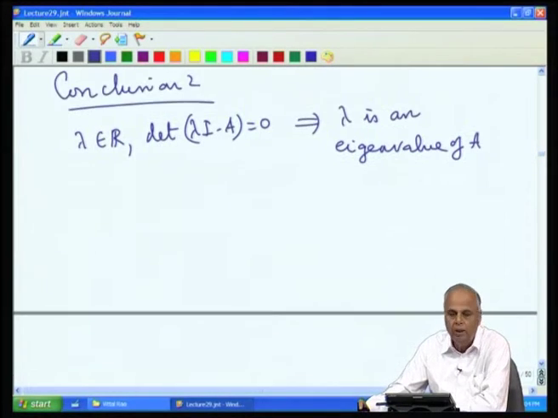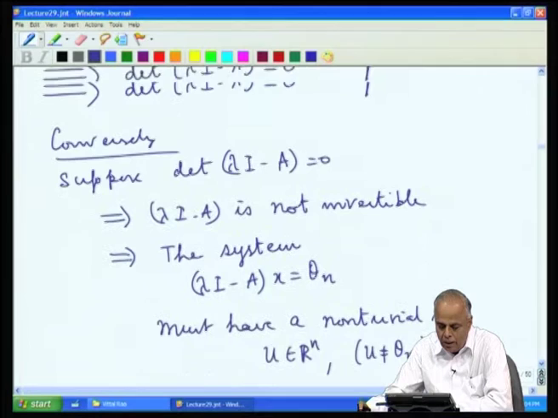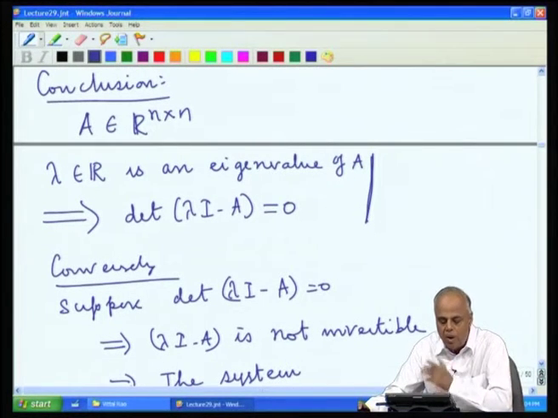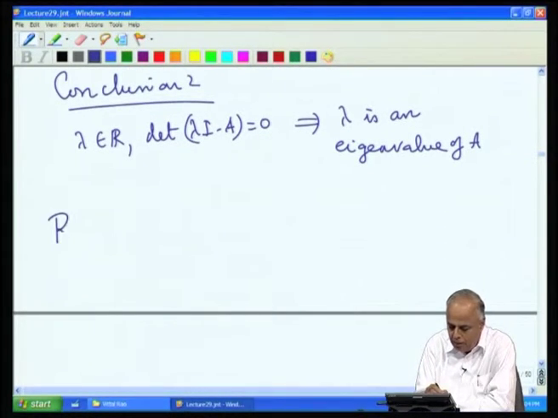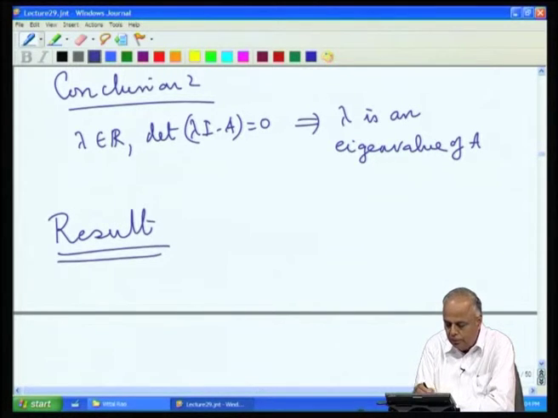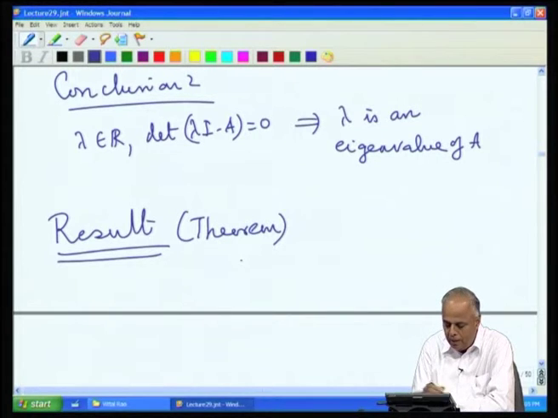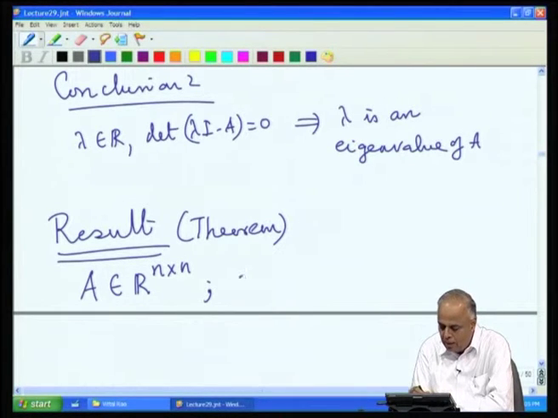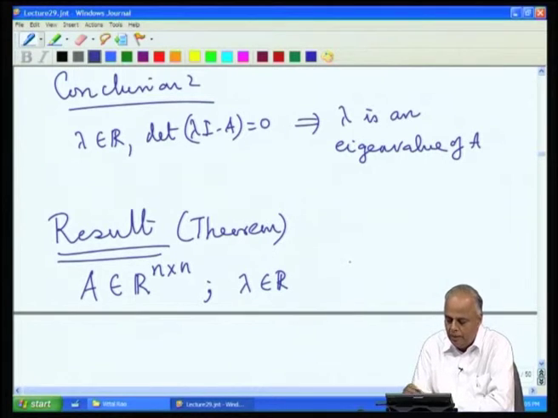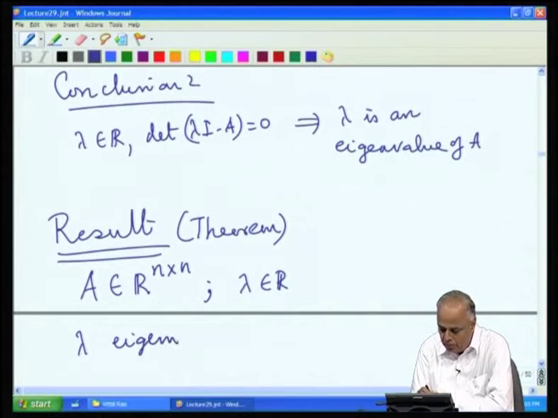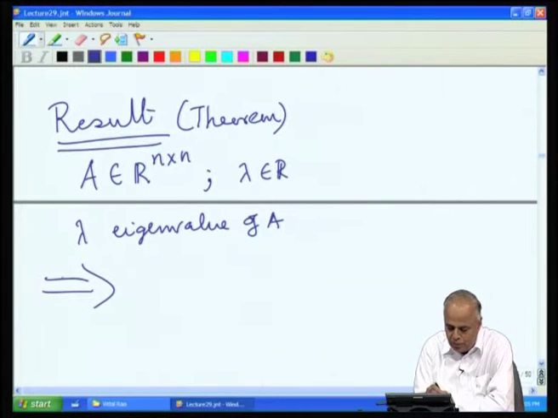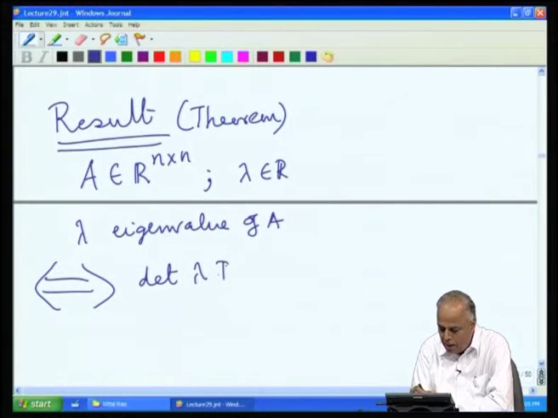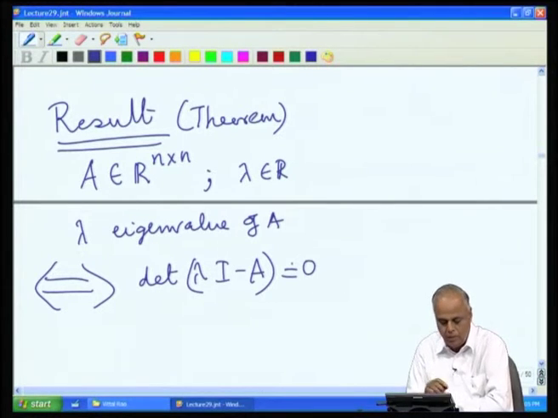Now, comparing conclusion 1 and conclusion 2, we see that each is the converse of the other, and therefore, combining these two we get the important result or theorem, whatever we want to call it, namely that A belongs to R n cross n, A is a real n by n matrix, lambda belongs to R, then lambda is an eigenvalue of A if and only if, because we have seen both ways it is true, determinant of lambda I minus A equal to 0.